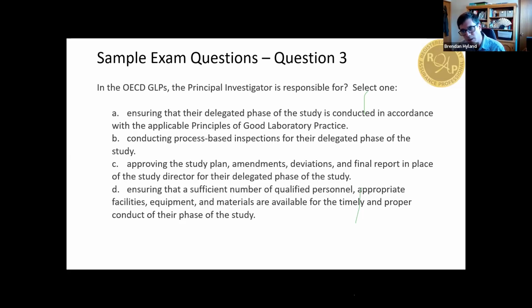That's why we can eliminate C. And D, ensuring the sufficient number of qualified personnel, appropriate facilities, equipment, and materials are available for the timely and proper conduct of their phase of the study. Whose job is that for D in the case of a multi-site study? That would be management, right? The test site management, absolutely.